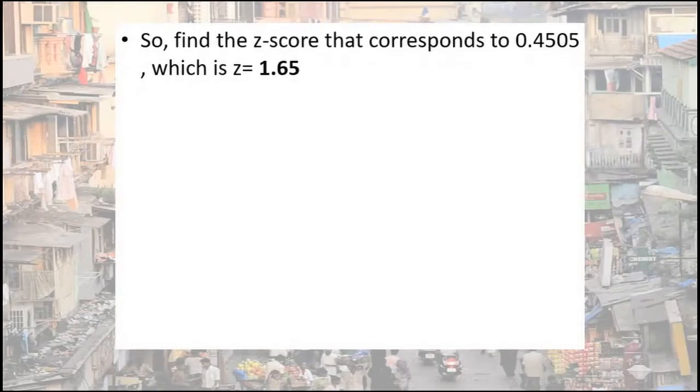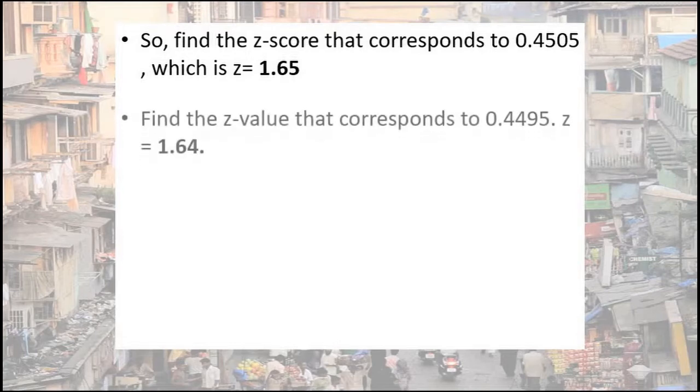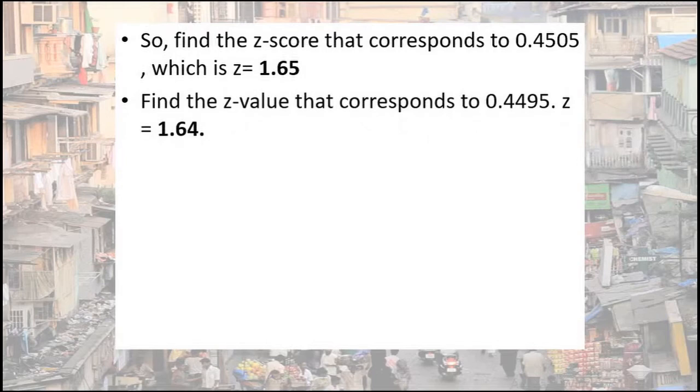So, find the z-score that corresponds to 0.4505, which is z is equal to 1.65. That is by using the table of values for z-scores. Then find the z-value that corresponds to 0.4495. So z is equal to 1.64. Then find the average of the two z-values.